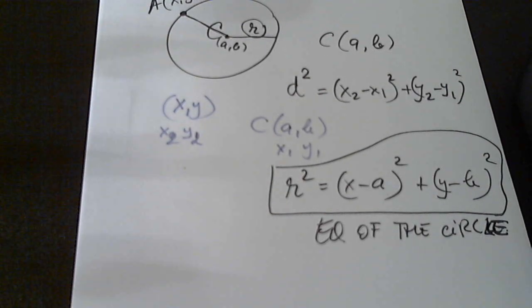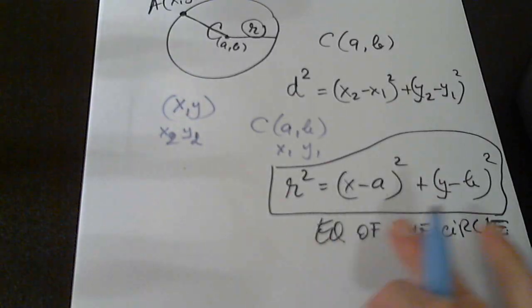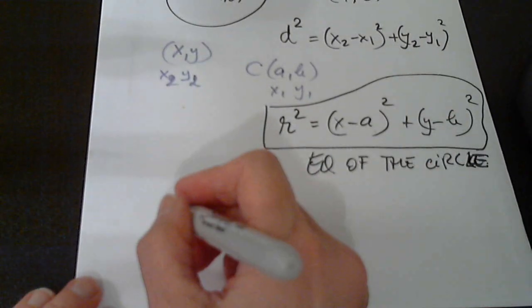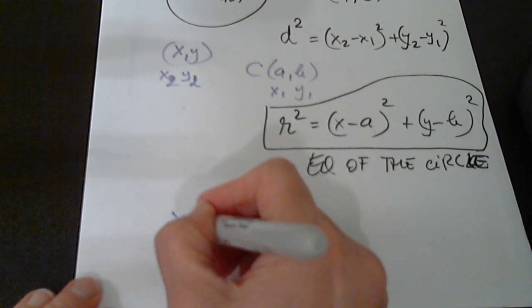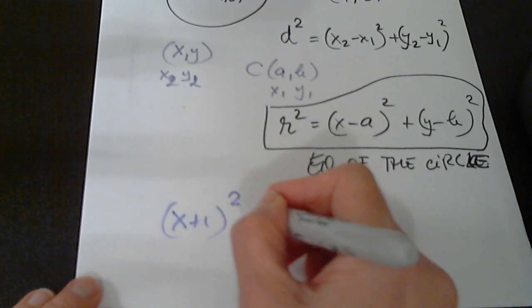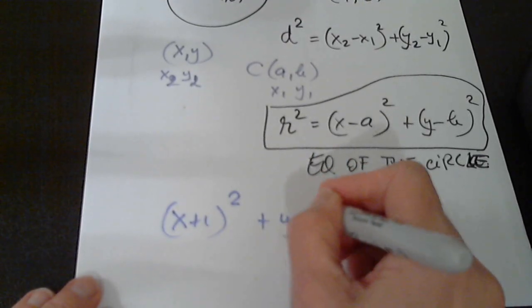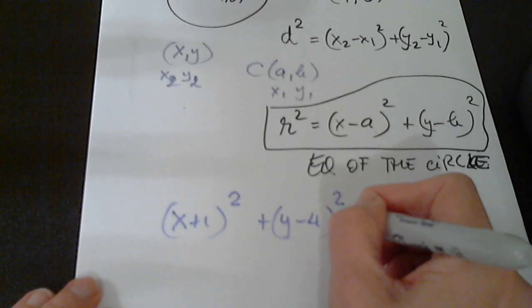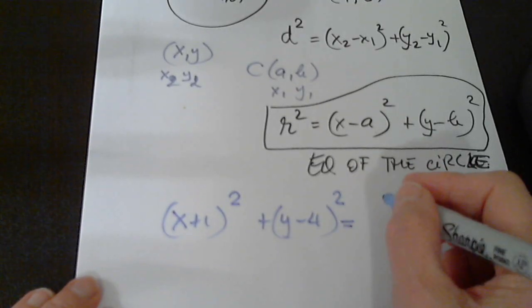That's it. So here's our first question. I know we have 6 minutes. I'll finish in 6 minutes, I promise. So if we are given this equation, x plus 1 squared plus y minus 4 squared equals 25.